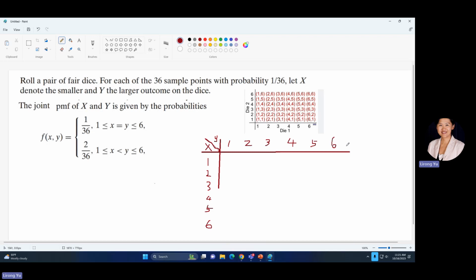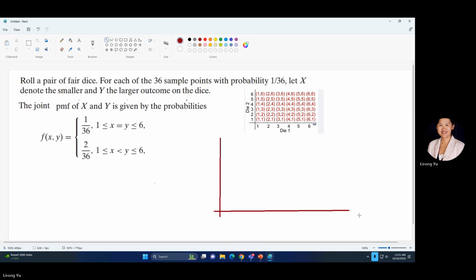I made it a little different than the textbook. Our textbook actually had the y on the vertical axis and x on the horizontal axis, and I didn't want to go against the textbook. So let's do it this way. This is an x, this is a y. This is how the textbook is.